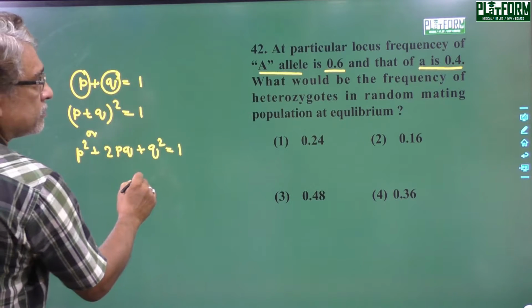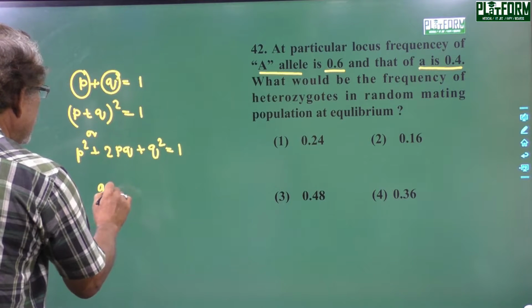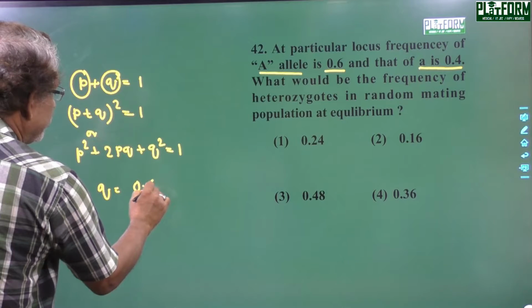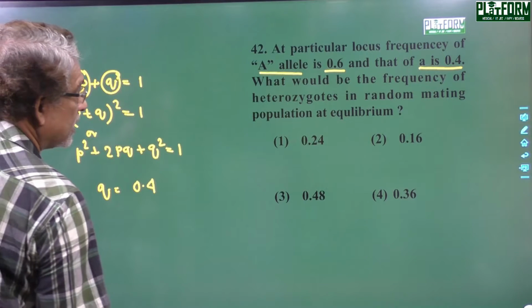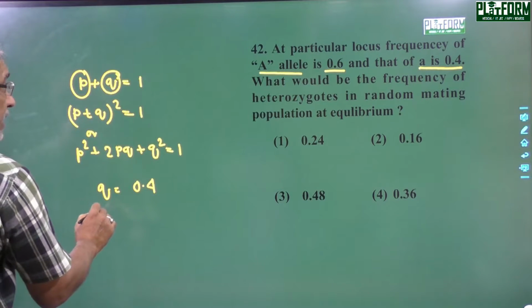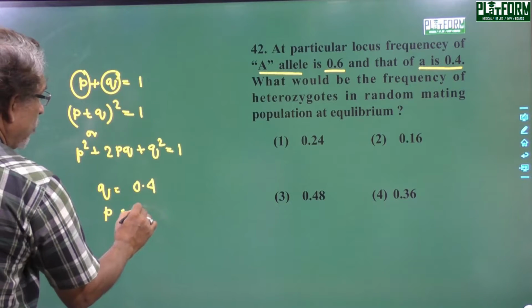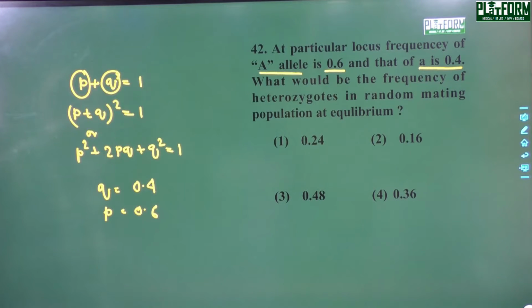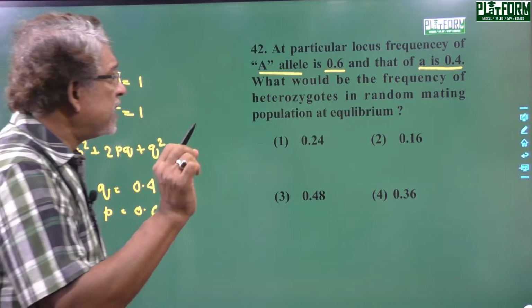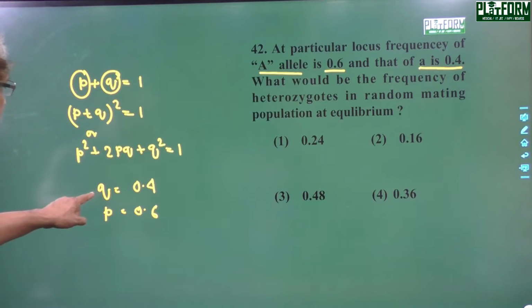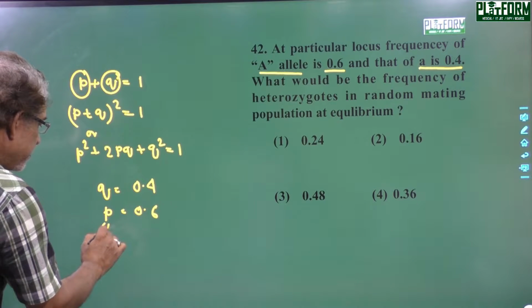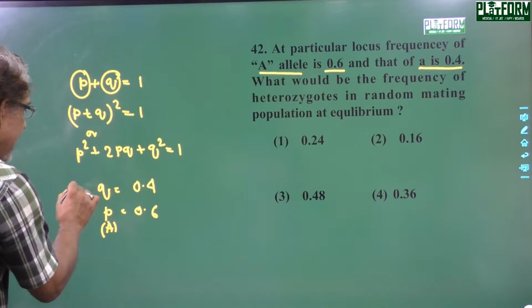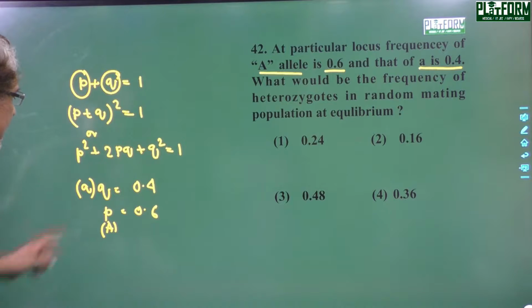Here q equal to 0.4 and p 0.6. What we say, at particular locus, frequency of A allele, capital A allele, that is p 0.6 and small a, that is q 0.4.